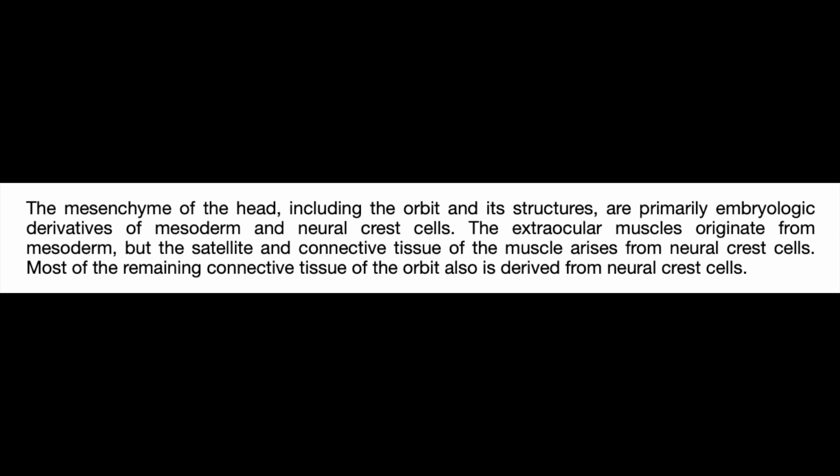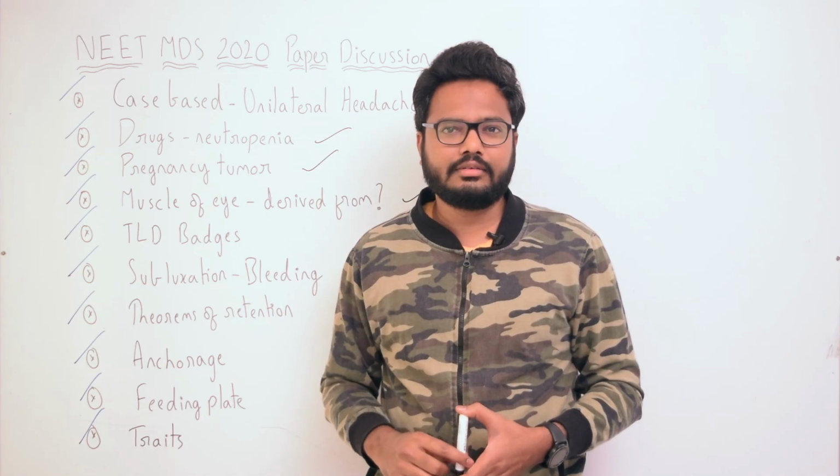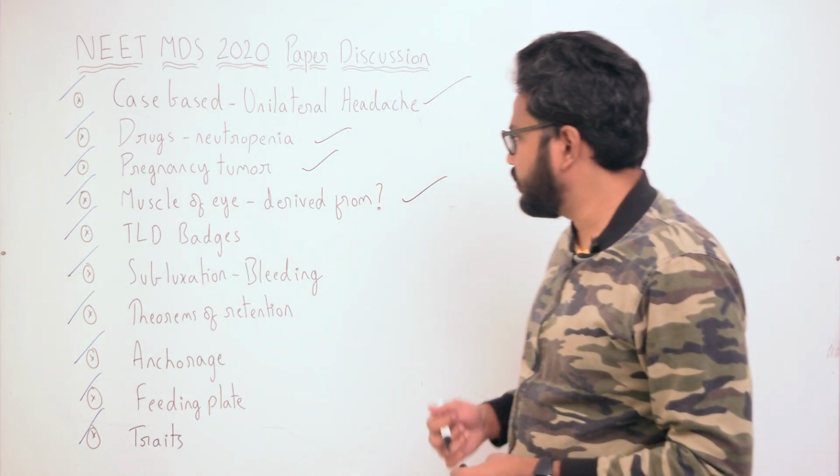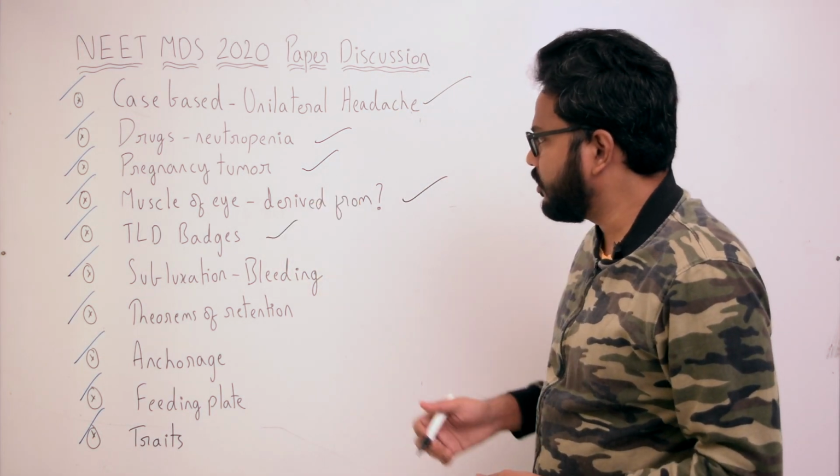The summary is, the mesenchyme of the head, including the orbit and its structures, is primarily an embryologic derivative of mesoderm and neural crest cells. The extraocular muscles originate from mesoderm, but the satellite and connective tissue of the muscle arise from neural crest cells. Most of the remaining connective tissue of the orbit is also derived from neural crest cells, right? Now moving on to the next question, thermoluminescent dosimeter badges.